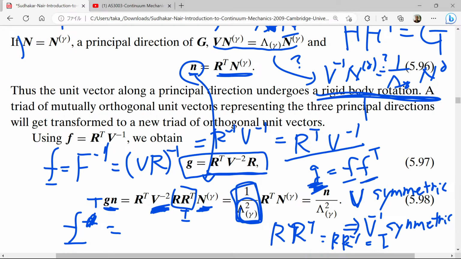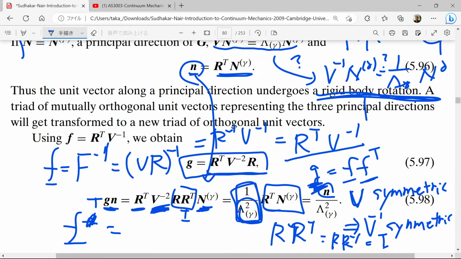Then you have RT n, large n, this is small n. Crazy, huh? It's kind of crazy.